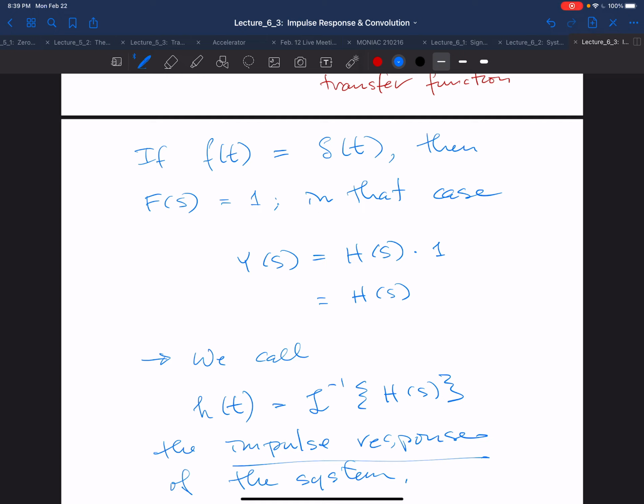So this function h(t) must be the zero state response of our system to an input of the form of a unit impulse.